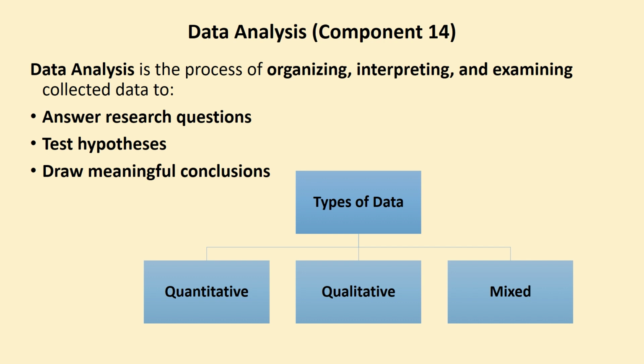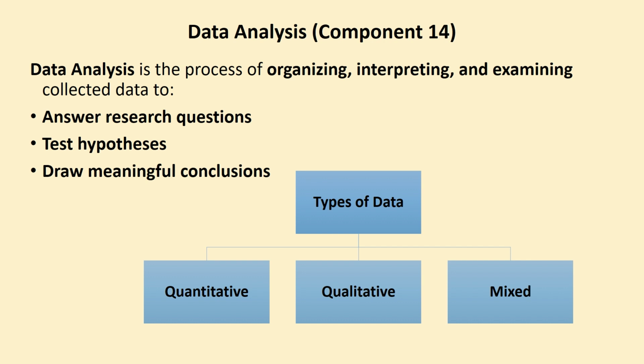Draw meaningful conclusions. And here I have classified the categories of data that you will encounter while going to the data collection. Mostly if you have quantitative data, you have to analyze the data accordingly, which we will again discuss in the upcoming lectures. If you have qualitative data, there are different ways of analyzing it, and not only ways of analyzing, you have different methods to collect qualitative data.